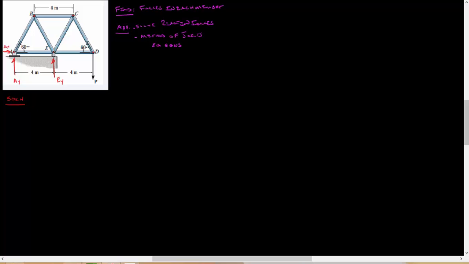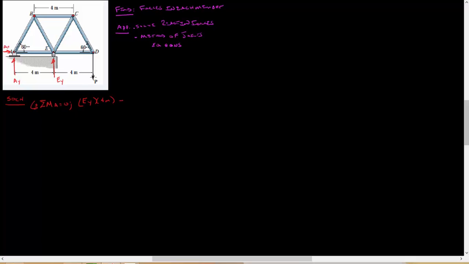So let's go ahead and solve for my reaction forces. If I sum my moment about point A is equal to 0, so now I'm just summing my moment right here. Now I don't have to worry about AX or AY because they're going straight into the point. There's no perpendicular distance. But I have EY, and it is rotating counterclockwise around point A. So that's going to be positive, and that's going to be 4 meters away.